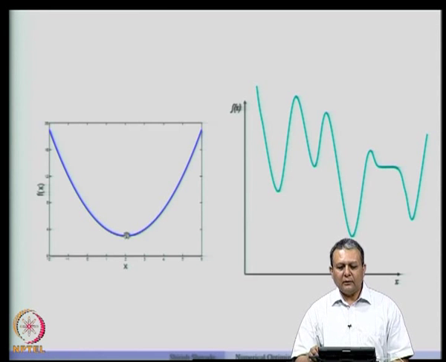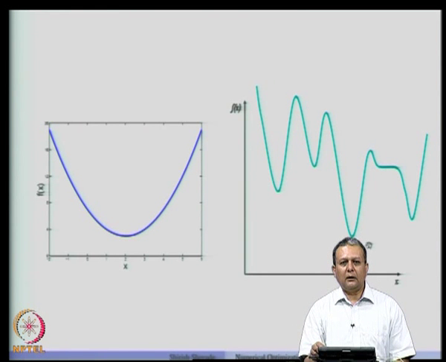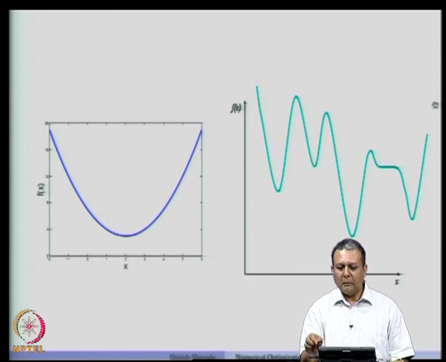Now, on the right panel you will see another function which is not as nice as the function on the left panel. You will see that there are lots of peaks and lots of valleys, and suppose we restrict ourselves to this interval, assuming that the function goes to plus infinity beyond these points, although it is not of interest to us.